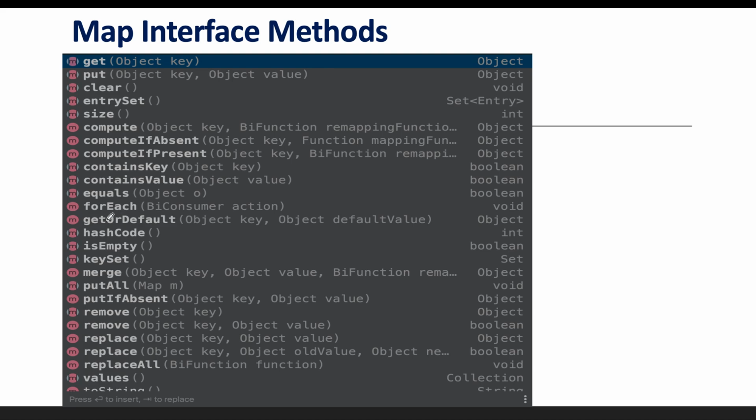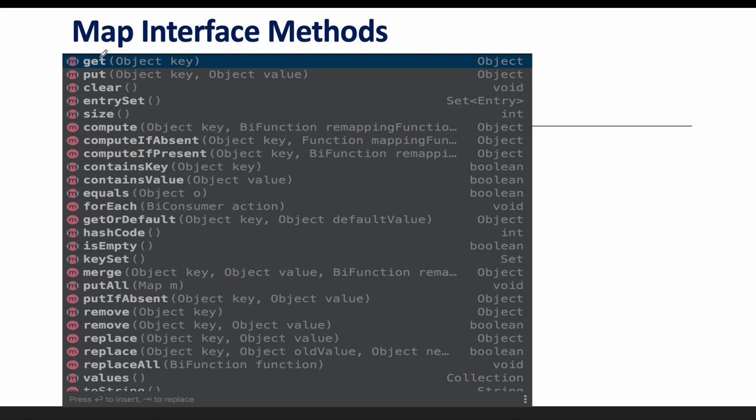Get or default is similar to get only, but here one advantage is that we can provide a default value. How it is useful, we will see with the help of an example, but as per the naming convention, it is get or default. We need to provide the key for which we want to get the value, and if the value is not present, and we want to get some default value, in those kinds of scenarios we will use it. This is also useful in handling the null pointer exception.